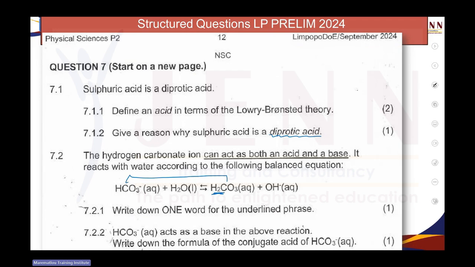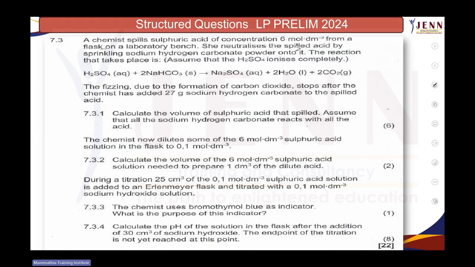Remember, we said if it's a base, the conjugate acid would have a proton more. And there, they've already given you the answer. They just want you to take it from the question paper. H2CO3. So that's another mark. So in this part of Limpopo, 5 marks are in the bag. 5 marks are inside. Okay.